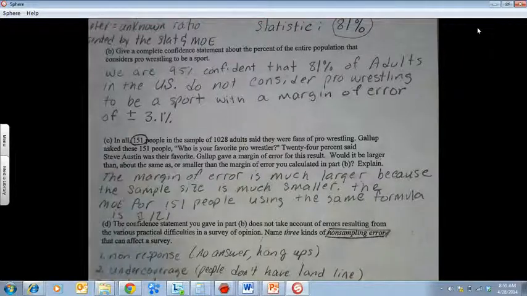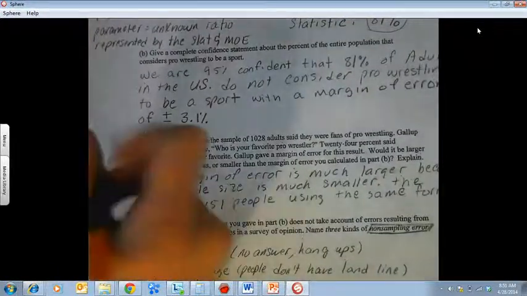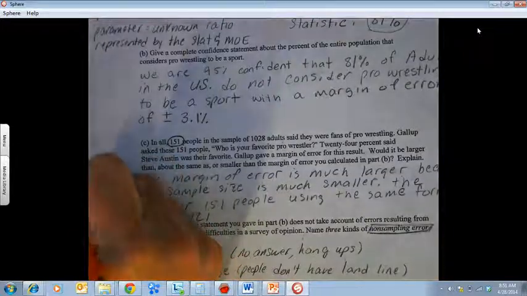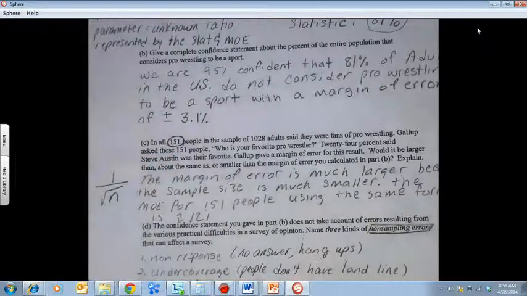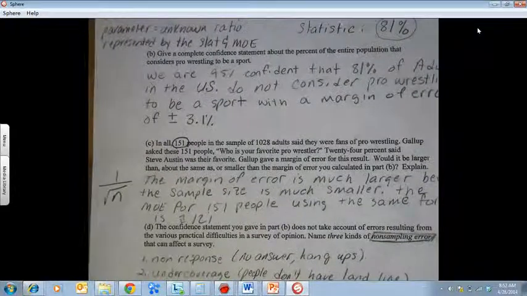If you remember, the formula for the margin of error is 1 over the square root of n, where n is the sample size. If you put that into the calculator, the sample size is 151 instead of 1,028, which gave you a percent of 3.1%.